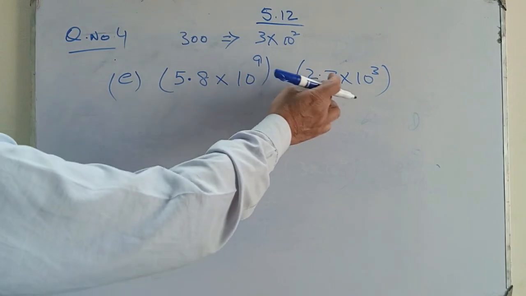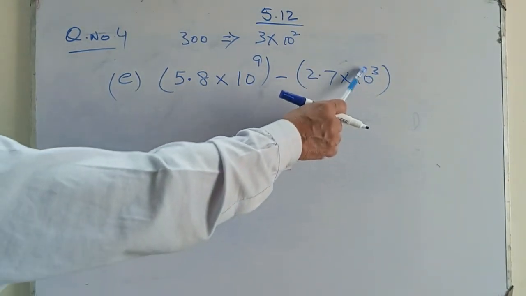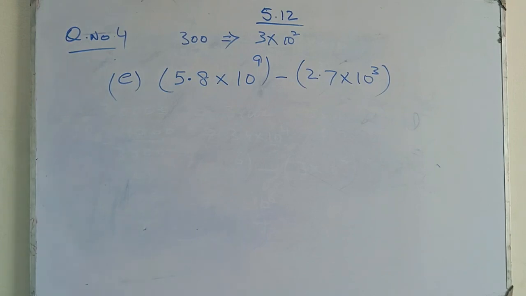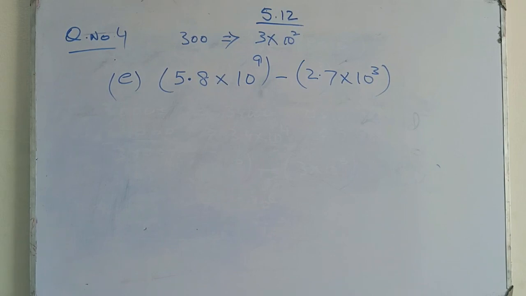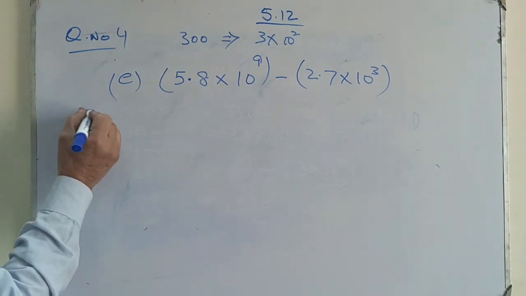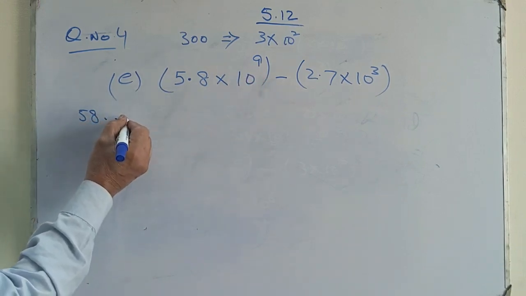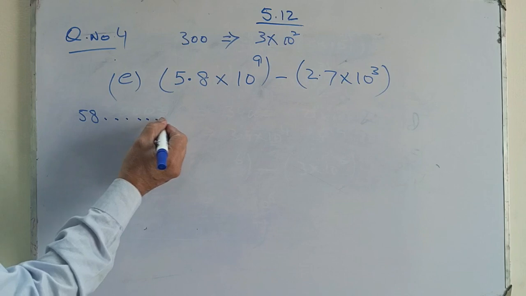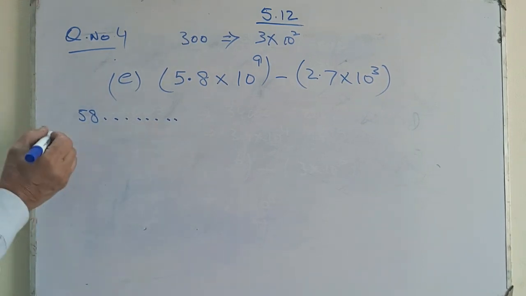Similarly 2.7, and there are 3 zeros ahead of 2.7, but when you remove the point, there will be only 2 zeros left. Now 58, and how many zeros? 8 zeros, 1, 2, 3, 4, 5, 6, 7, 8.